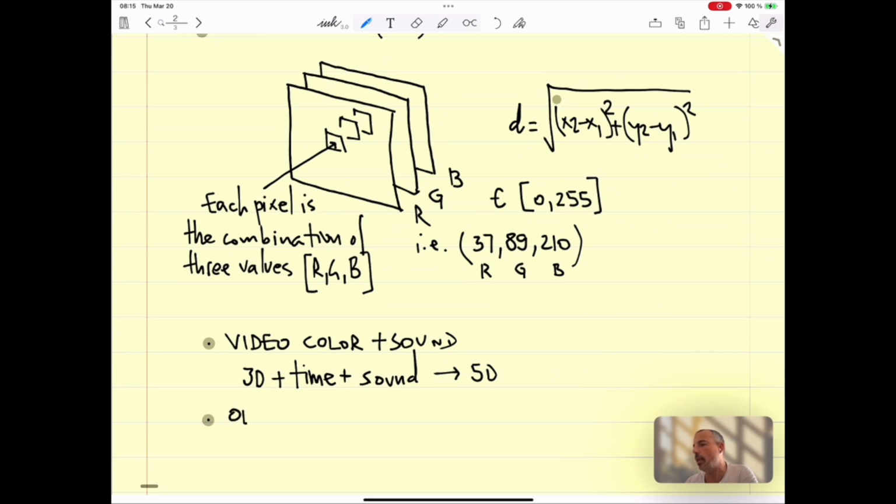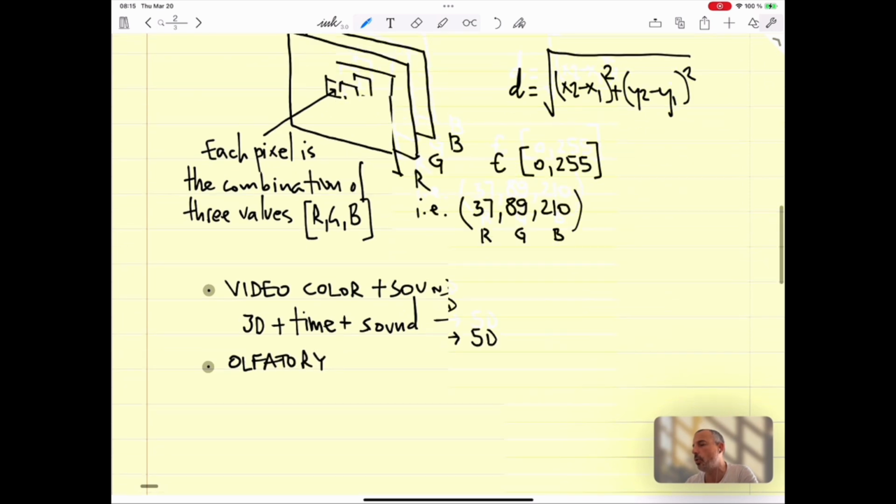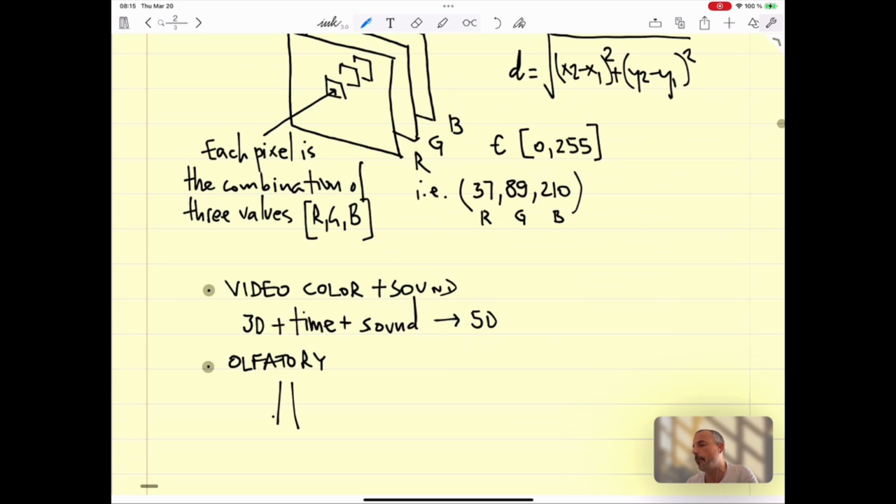So if you have olfactory signals, like your nose is capturing information, this is about, I don't know, 10 to 12 dimensions.